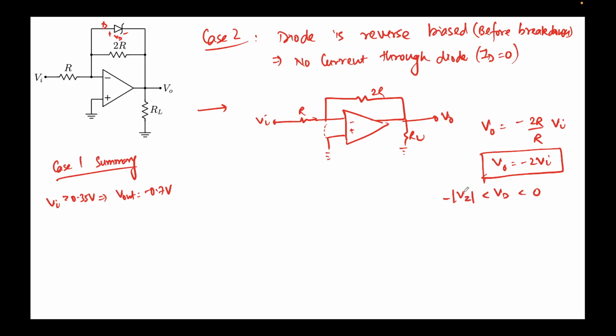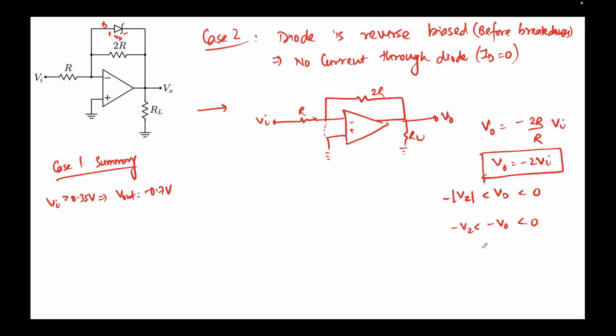VZ is usually denoted as a positive entity, so hence this negative sign. Okay, so let's do that. What's the value of VD? Now VD again we can see is nothing but minus V0. See VD, this terminal is connected to 0. This is V0. So VD I can see is nothing but minus V0. So minus V0 has to be less than 0 and has to be greater than minus VZ.